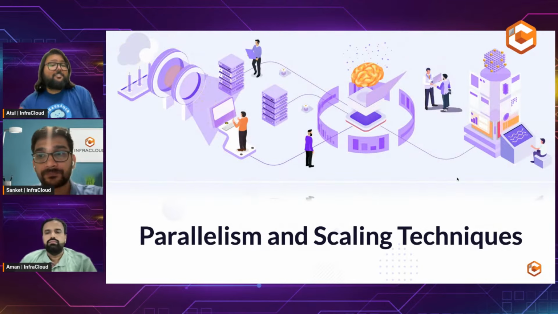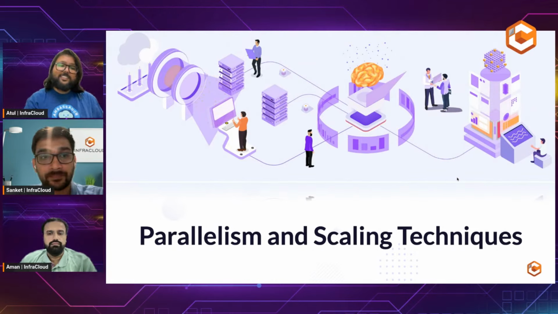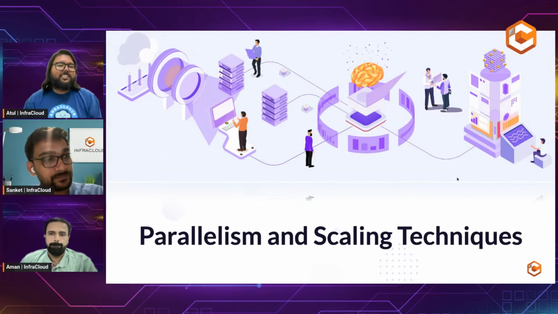So at this point, we have optimized our models, right? We got it down from 65 billion to, let's say, a 2 billion parameter model, which is ready to be deployed on a mobile device. But when it comes to real world scenarios, we spoke about concurrent users, we spoke about a lot of load that is being generated at one particular time. And that is where you want your model to scale based on the requests that come in.